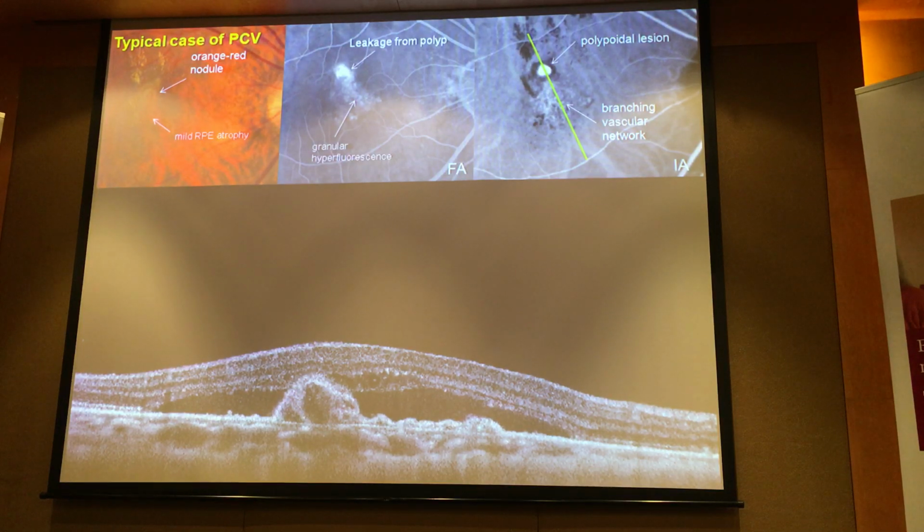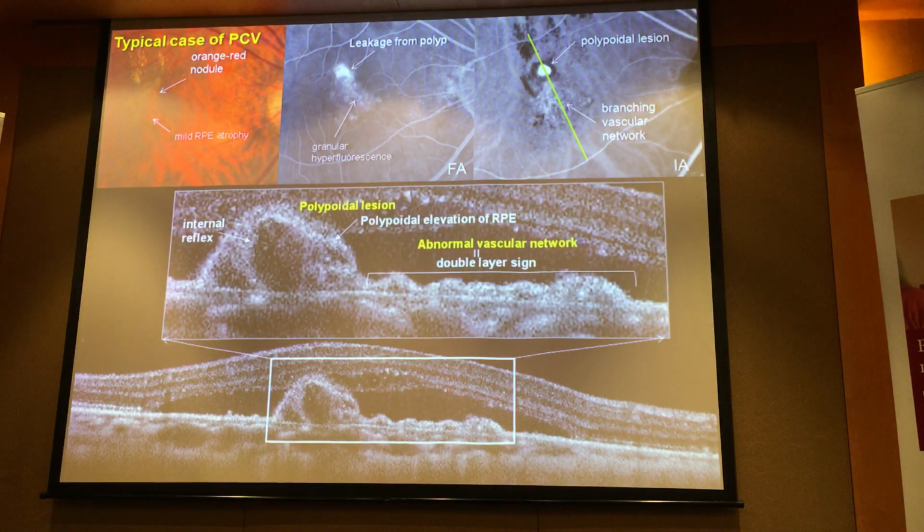And in the ICG angiography, you can see a very fine branching vascular network and polypoidal region. If you scan the green line, this is the OCT finding, and you can see the polypoidal region as a polypoidal elevation of the RPE with internal reflex, and the abnormal vascular network, the BVN, shows a double layer sign. This horizontal line is Bruch's membrane. I'll show the pathological finding afterward.